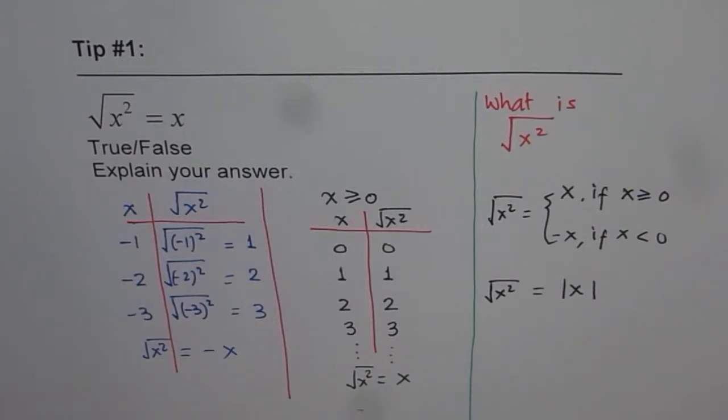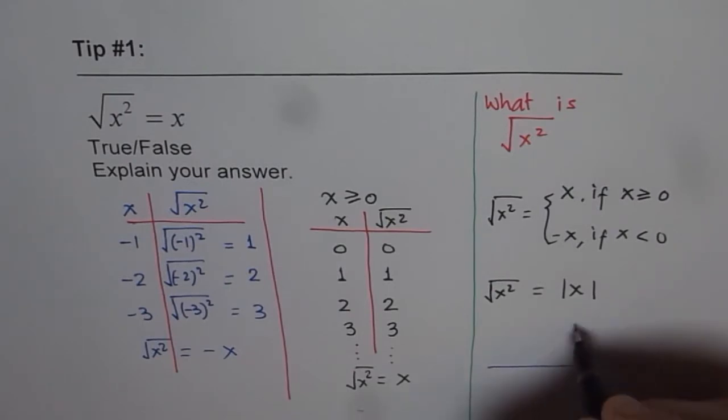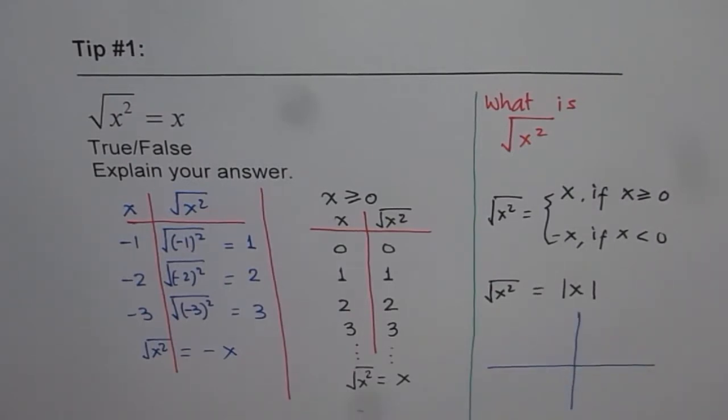Now if you want to graph it, how will it look? So let's plot these functions and graph it. So if x is greater than or equal to 0, then square root of x square is equal to x. But if x is less than 0, then square root of x square is equal to minus x, correct?